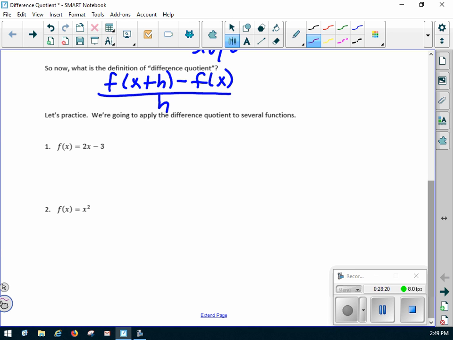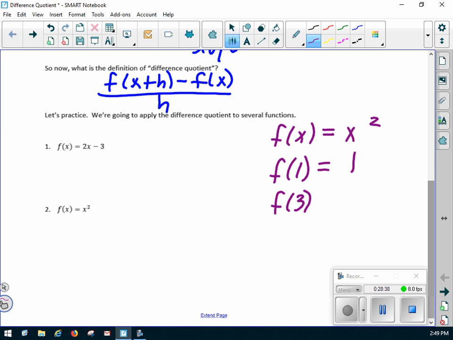Pretend that we have not done any of this other stuff. F of x equals x squared. What's f of 1? What's f of 3? 9.